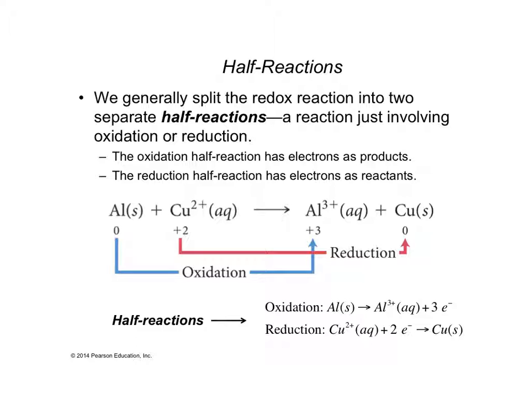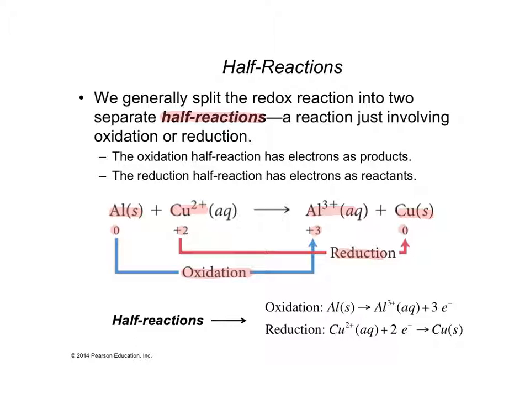Half reactions just show what happens in either the oxidation or the reduction process. For example, if we had this reaction where aluminum solid combines with copper 2+ to make aluminum 3+ and copper solid, we can see that aluminum goes from 0 to +3, so it's been oxidized, whereas copper has gone from +2 to 0, so it's been reduced.